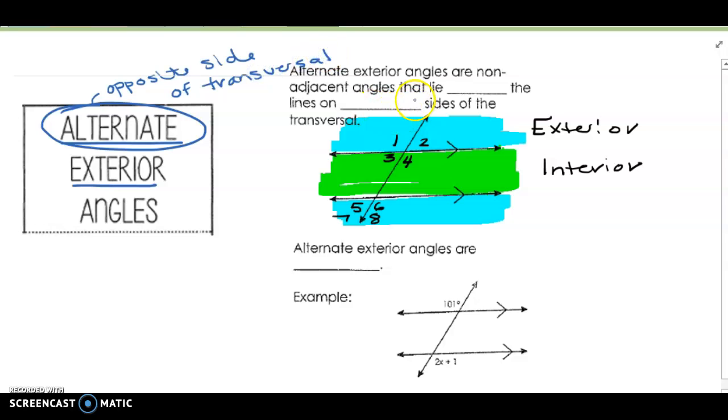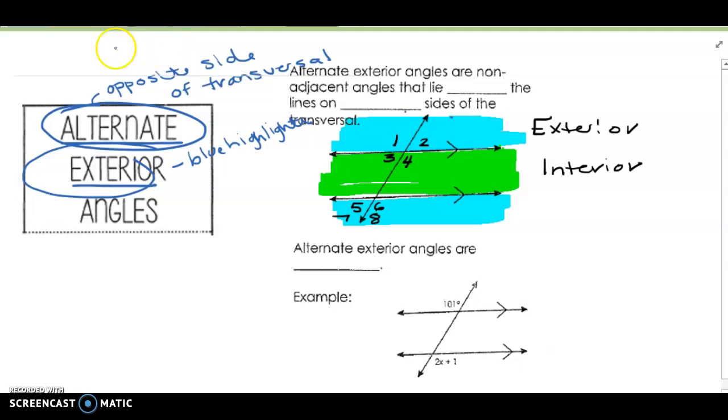Okay, so one's on the left, one's on the right. And exterior means in the blue highlighted area, right? It's outside of the parallel lines.